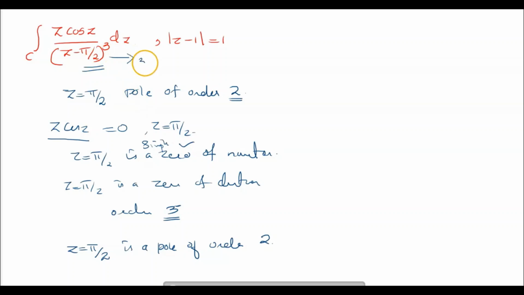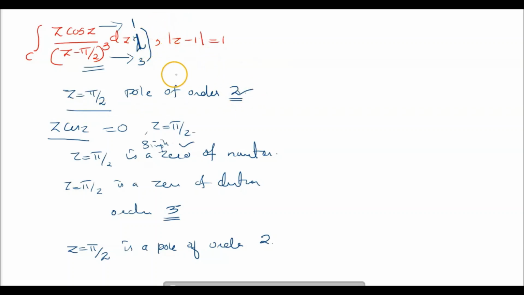Denominator 0 of order 3, numerator 0 of order 1, so z equal to pi by 2 is a pole of order 3 minus 1, 2. Okay, so this is our pole of order 2.